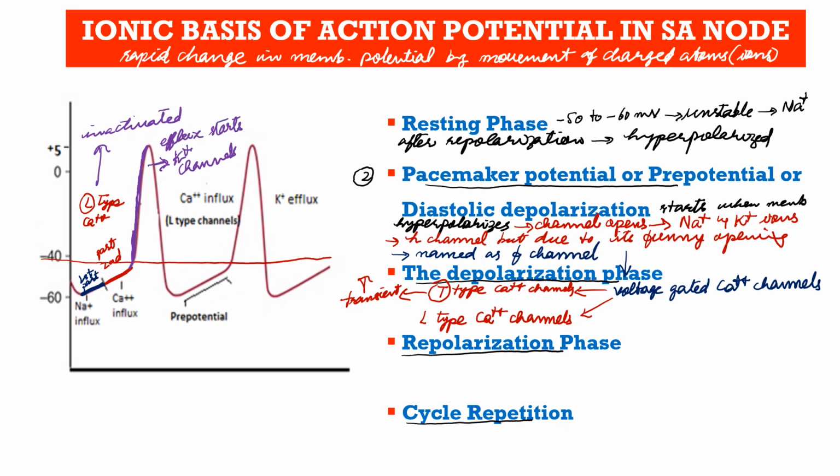Due to this, the membrane potential returns back to the resting membrane value, and it even becomes more negative than the resting membrane potential. This means the SA nodal membrane becomes hyperpolarized.